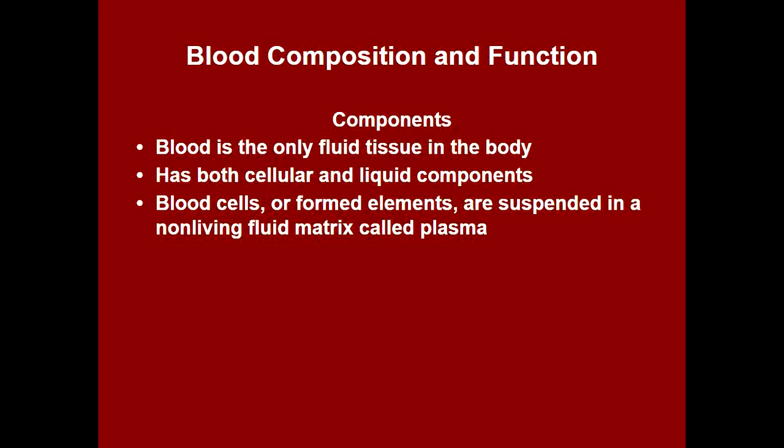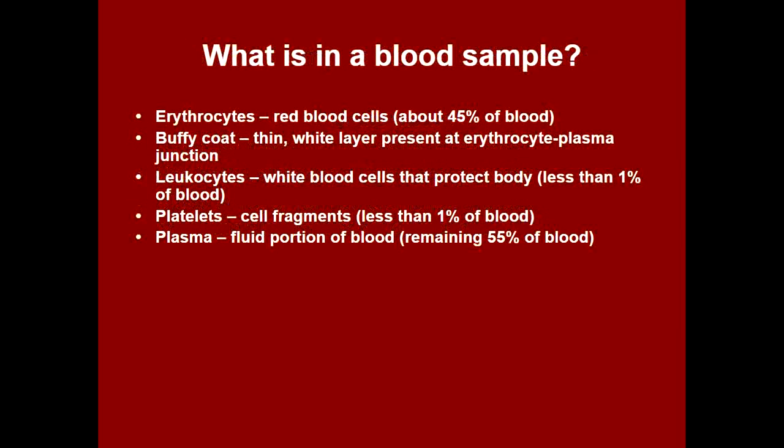And if you remember back to our tissues unit, we learned that blood is actually connective tissue because it comes from mesenchyme, it has cells, and it has a matrix with the blood plasma. So the blood cells are sometimes called formed elements, and they are suspended inside this non-living fluid matrix that we know of as plasma.